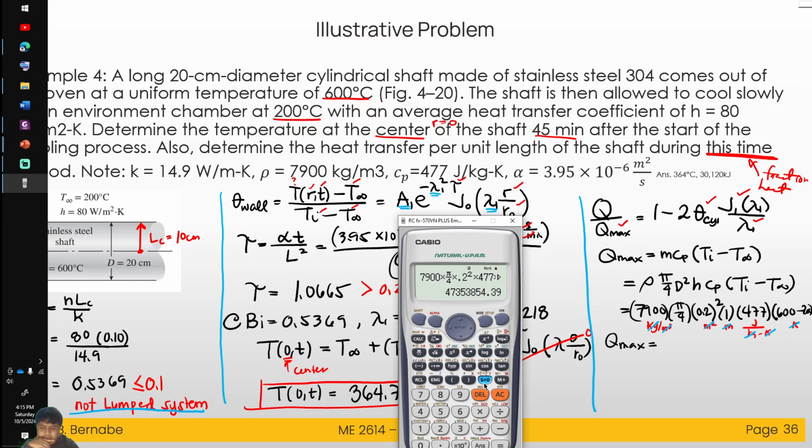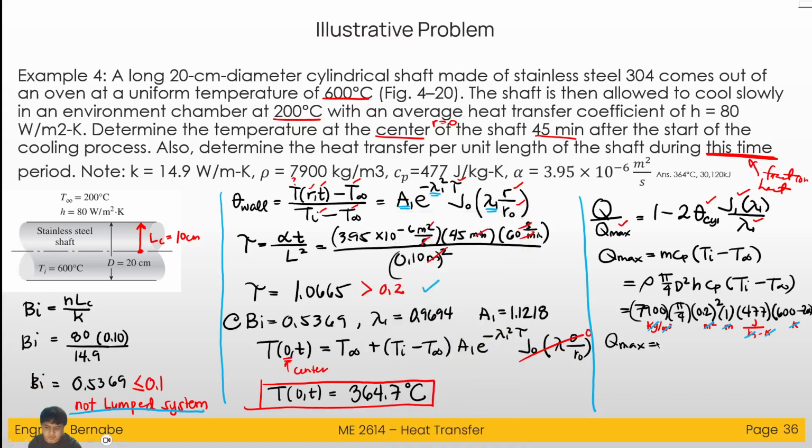So we have to convert this to kilojoules because it is very large. So this is 47,354. Let's just write this in kilojoules. 47,354 kilojoules. This is the maximum heat.